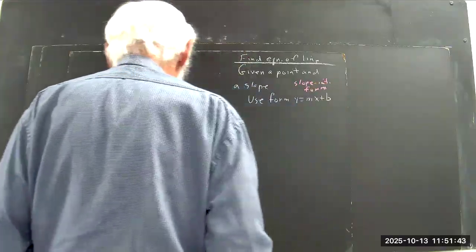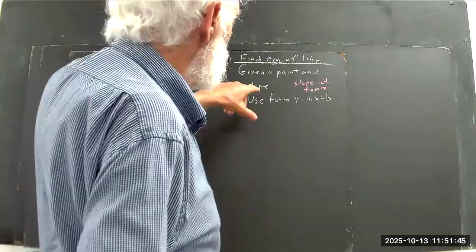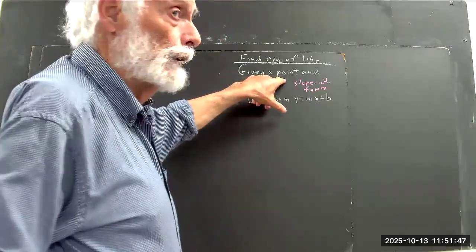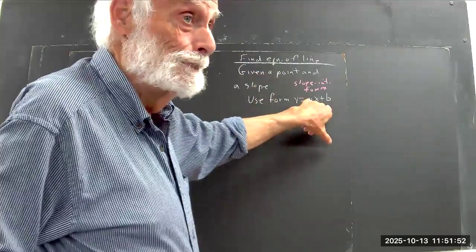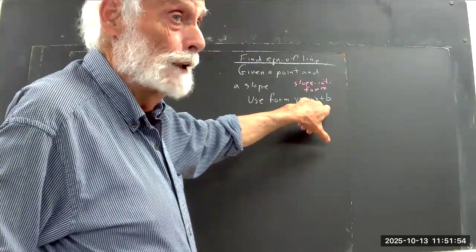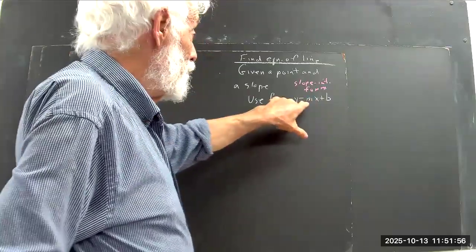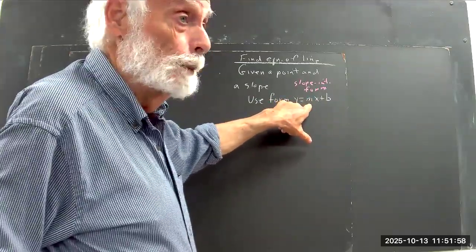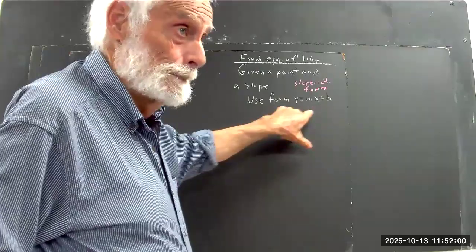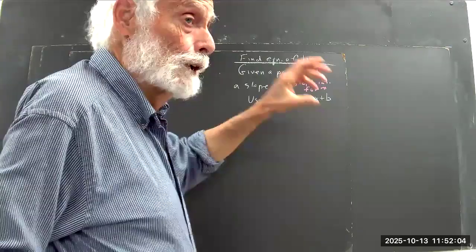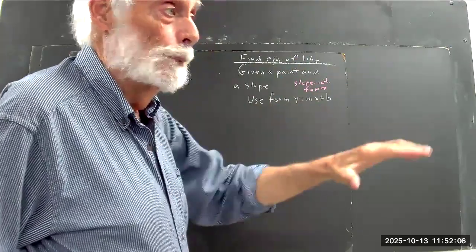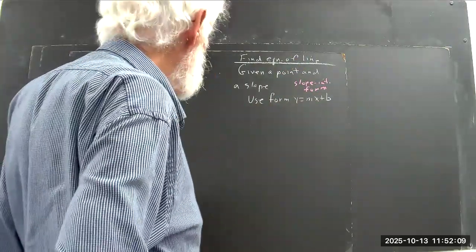Now I'll mention, if the point you're given happens to be the y-intercept, then you know what b is. Because b is the y-coordinate of the y-intercept. And you know what m is, you know what the slope is, so it's trivial to find the equation if you're already told that the slope is this and the y-intercept is that.